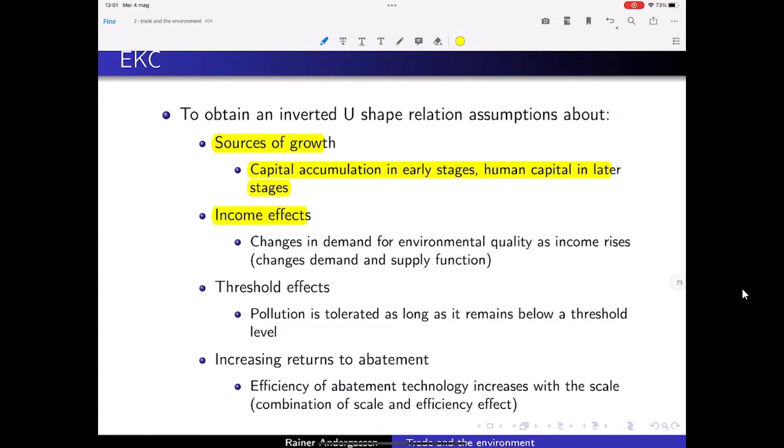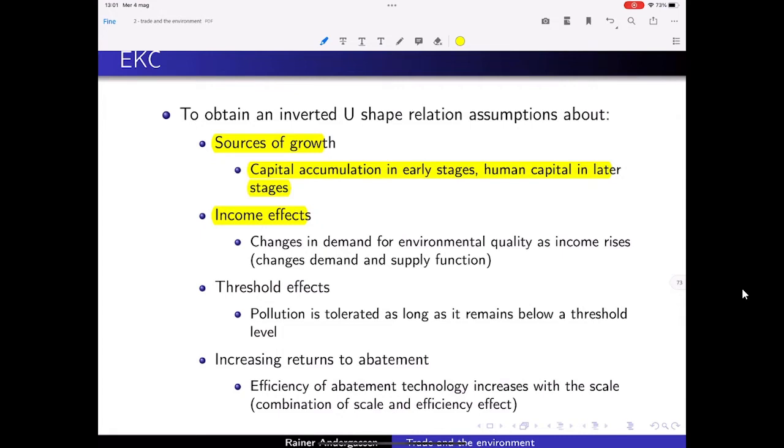But then the more you invest in abatement technologies, the more efficient you get in producing such technologies, and therefore it gets easier to abate, and this is another way to get the inverted U relationship.